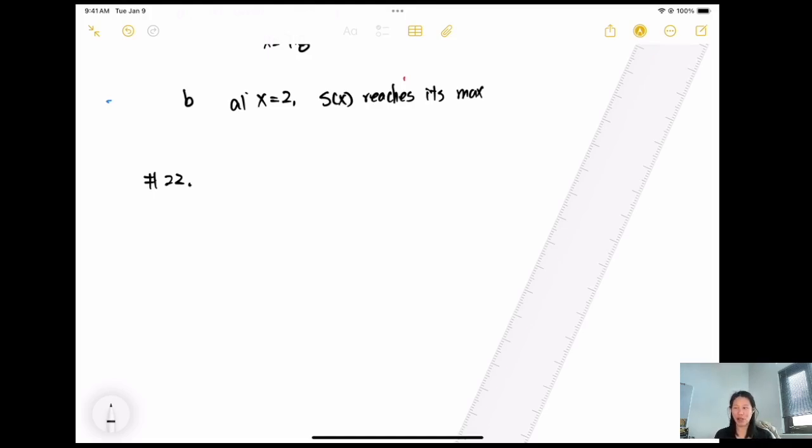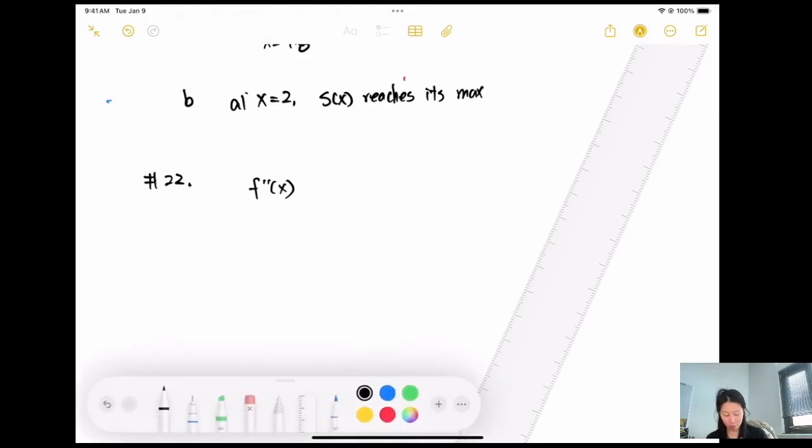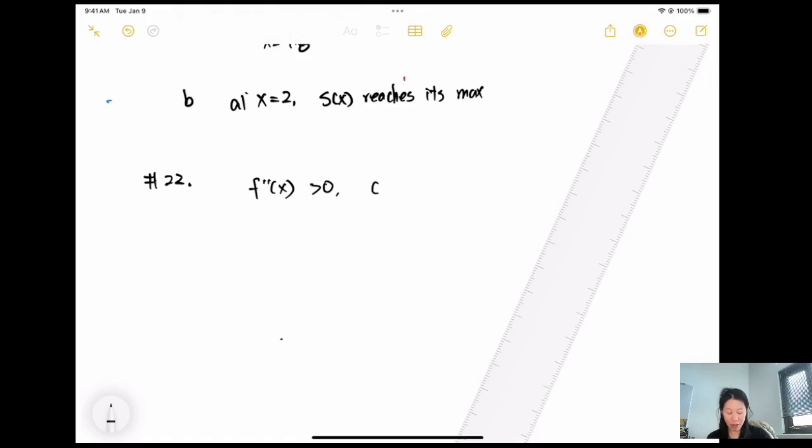So for local minimum and local maximum, if they give you the critical point, if the second derivative is positive, that means the graph is going to be concave up.